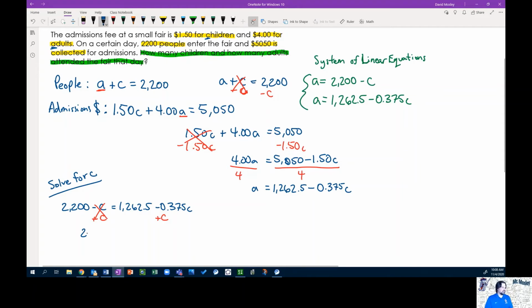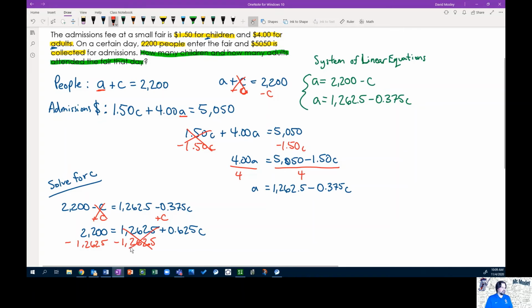That leaves me on the left-hand side with 2,200 equals 1,262.5, and negative 0.375 plus 1 leaves me with a positive 0.625 C. Then I need to subtract the number 1,262.5 from the right-hand side, so I also have to do that to the left-hand side.